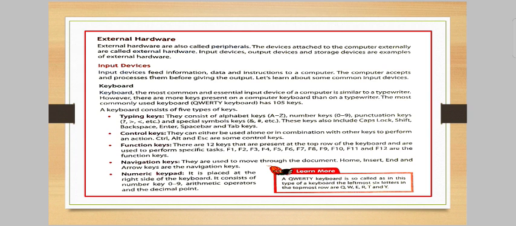Next is navigation keys. They are used to move through documents. Home, Insert, End and arrow keys are the navigation keys. Next is the numeric keypad, meaning 0 to 9. It is placed at the right side of the keyboard. It consists of the number keys 0 to 9, arithmetic operators and decimal point.